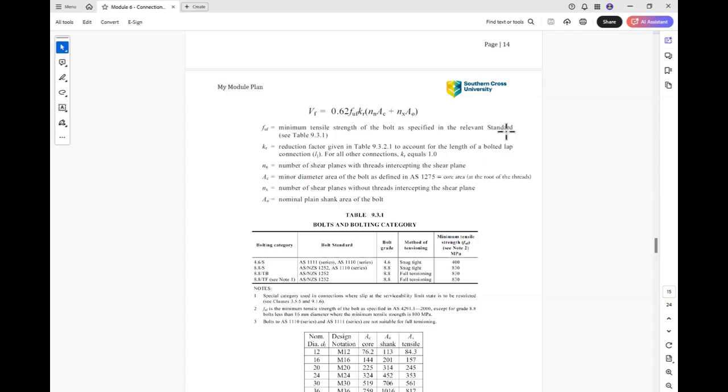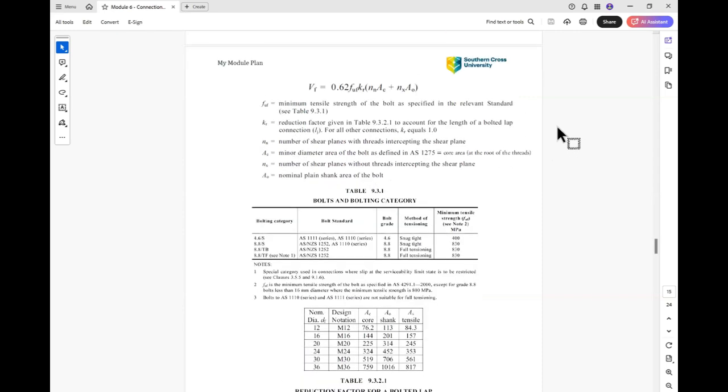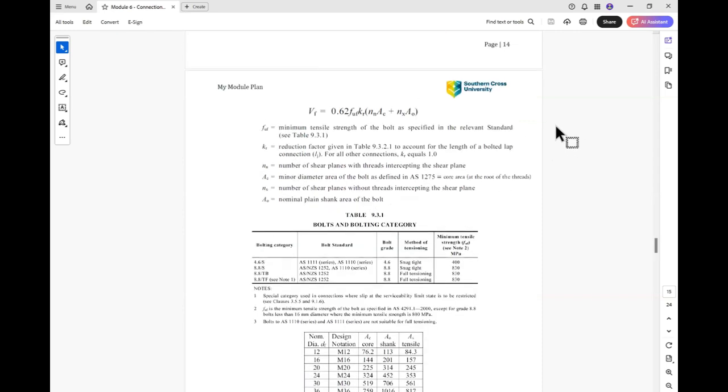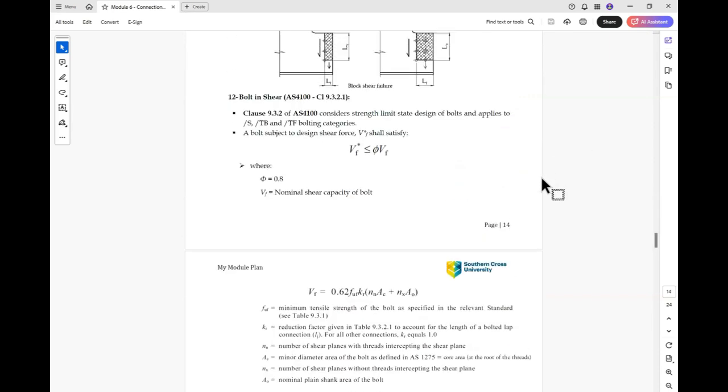Okay, so let's continue on this formula now. Again, quickly, we have to design the bolted connection in shear.